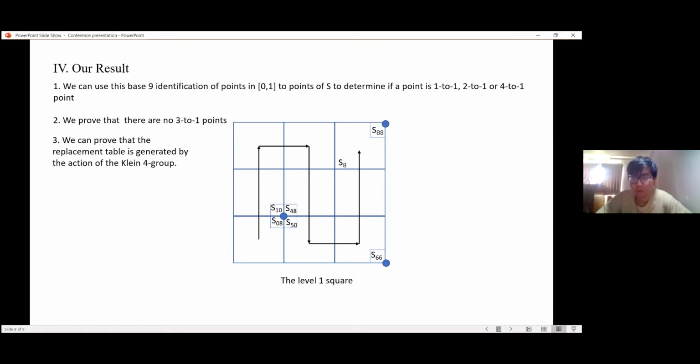I think this only happens when the two triadic lines lie in different levels, not at the same level. No, but the only possibilities are when two triadic lines intersect. That's the only possible way you could get a 4-to-1 point. And there are only countably many such intersections. Oh, okay. But 4-to-1 points are dense.